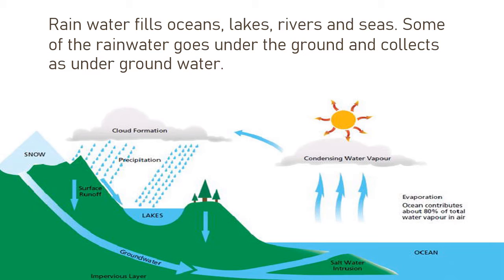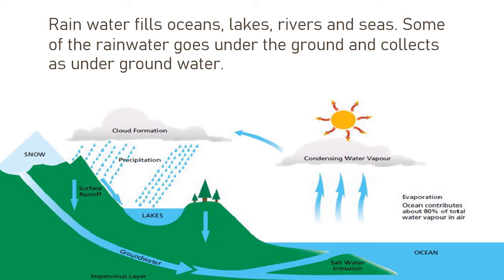Then clouds start raining, and when rain starts, it falls into the ground, lakes, rivers and seas. It again goes to the ocean. Again, with the help of sunlight, ocean water becomes vapor, and this vapor creates clouds.